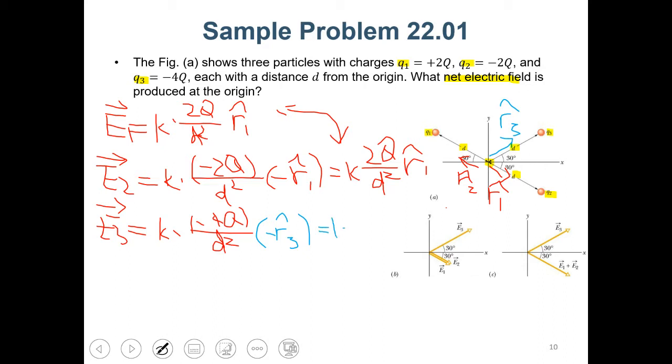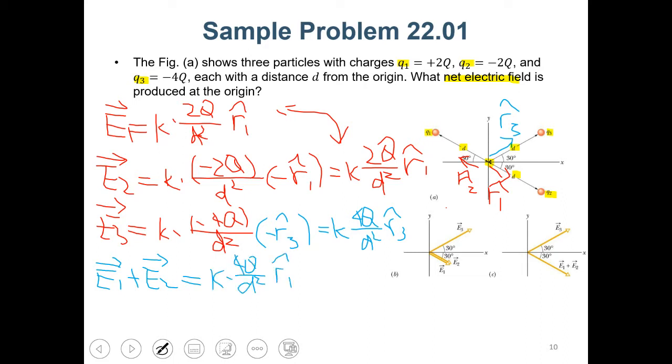So it's just K 4Q over d squared R3. And actually, you can just make R3 hat onto the bottom left. So we know that E1 and E2 are the same. So E1 plus E2 is nothing but K times 4Q over d squared R1 hat.